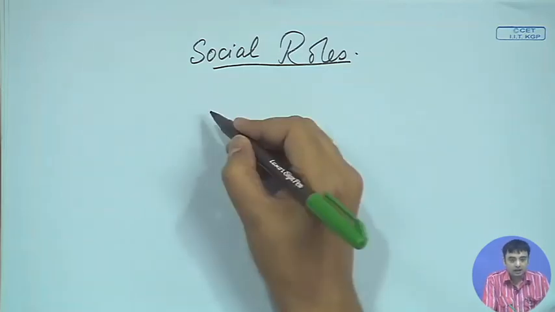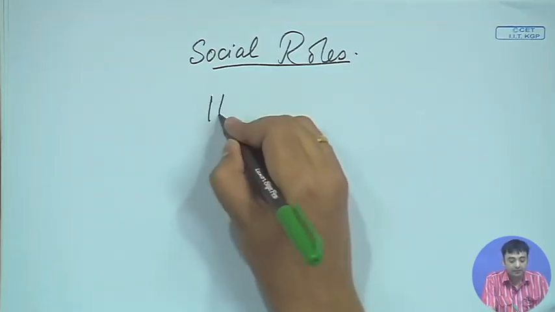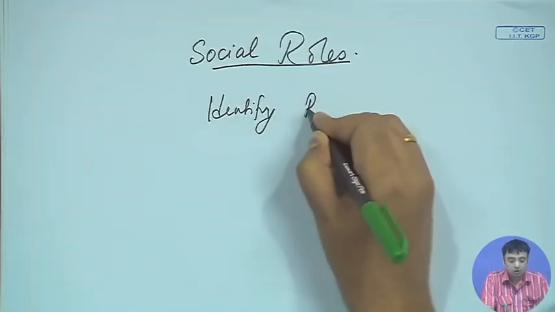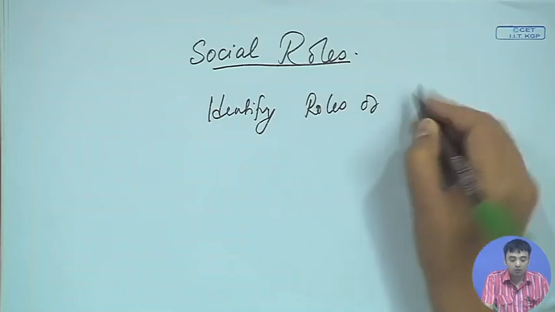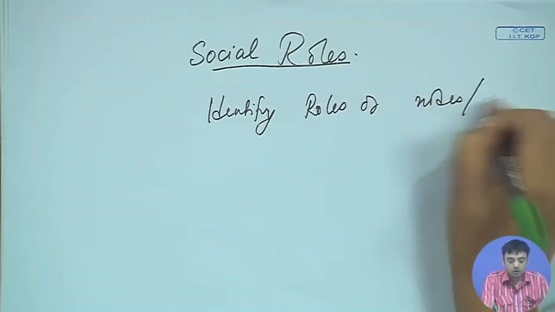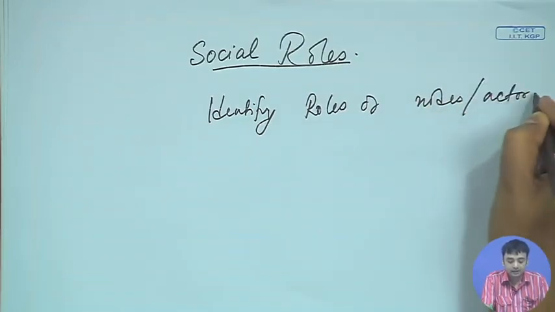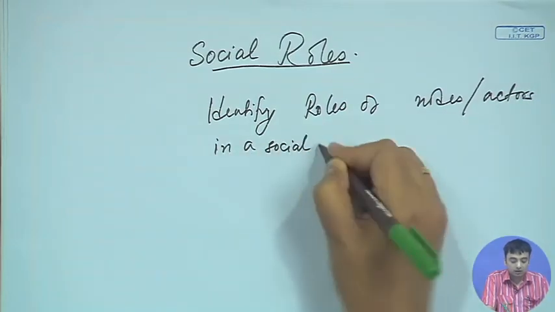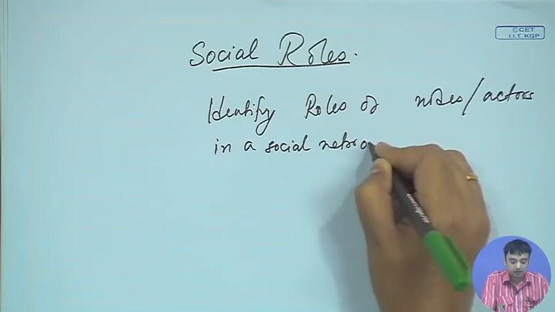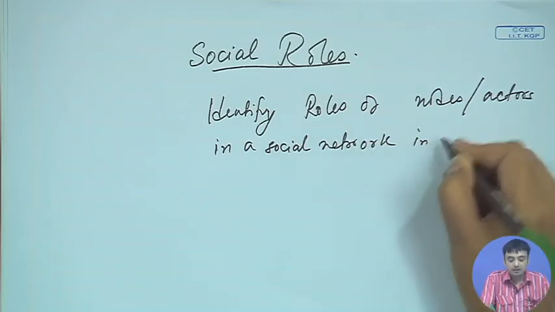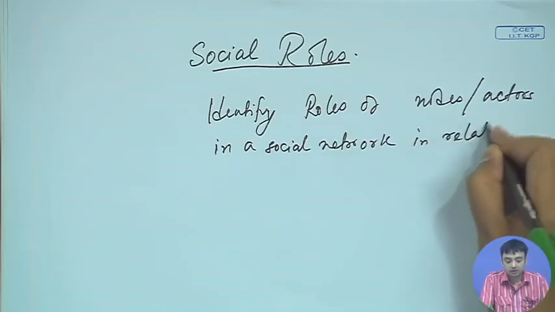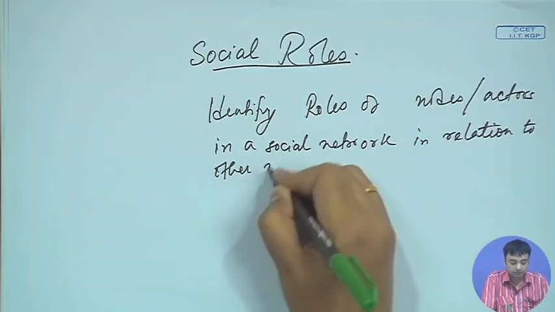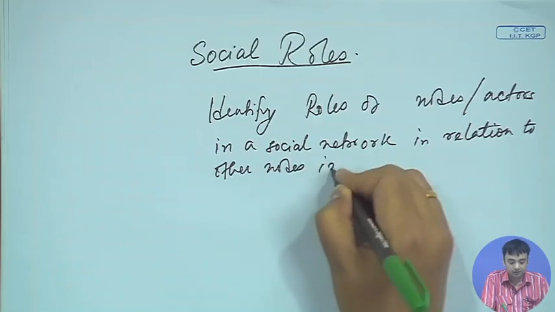So, basically the task is to identify roles of nodes or actors in a social network in relation to other nodes in the network.